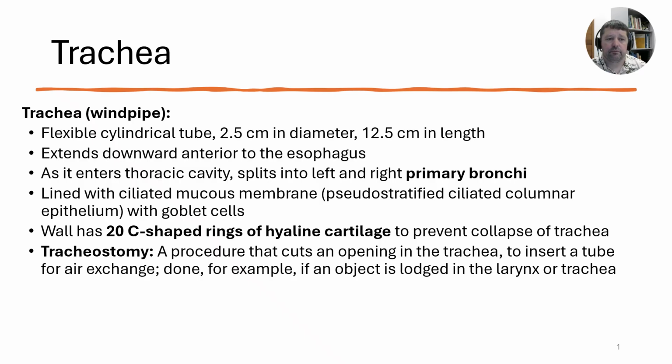But that prevents the trachea from closing on itself. Okay? And this is really important from the perspective of your windpipe doesn't collapse, unless the cartilage is broken. Those cartilaginous rings keep it open at all times.